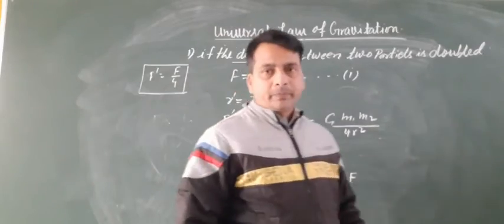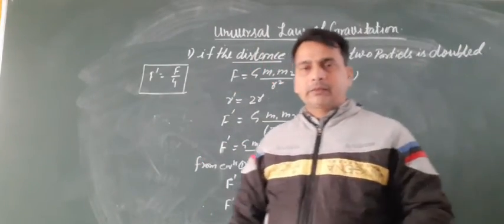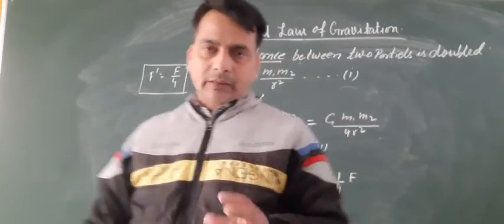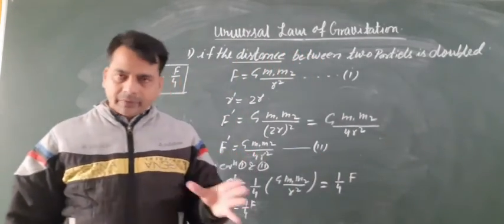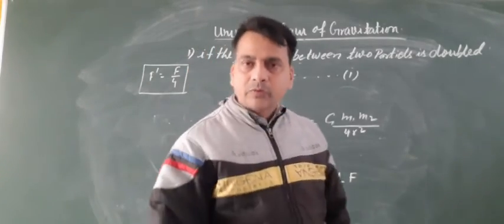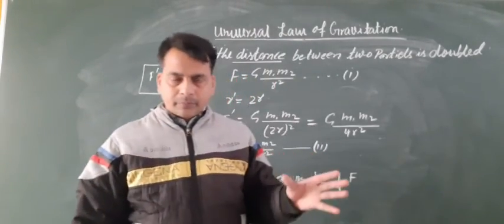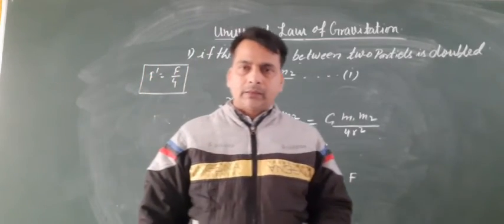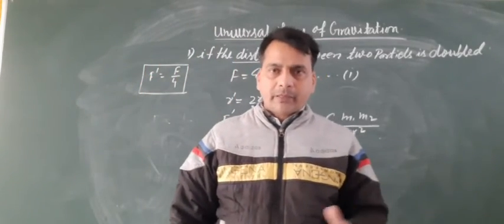So here the first condition, when the distance between the two particles is double, what is the effect of the gravitational force? As you know that gravitational force depends on the product of their masses and distance from their center.